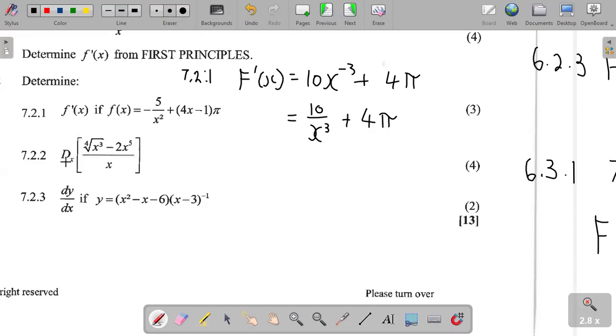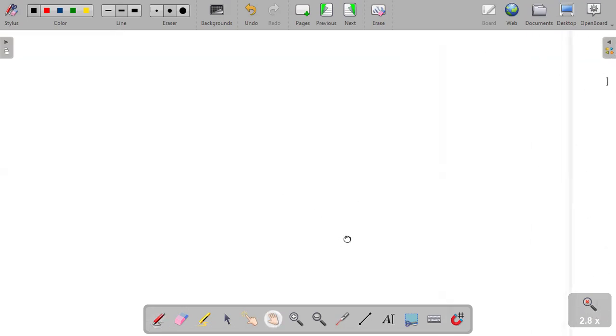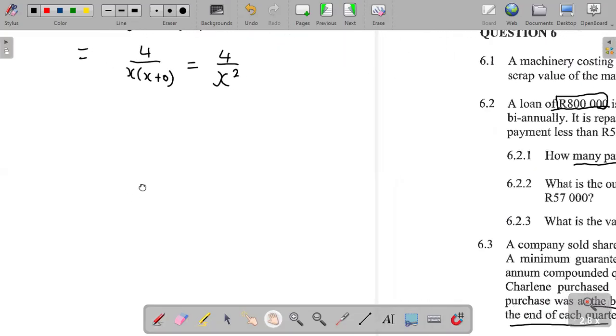And then 7.2.2 d. Okay, 7.2.2 is a bit long. So let's do it here.